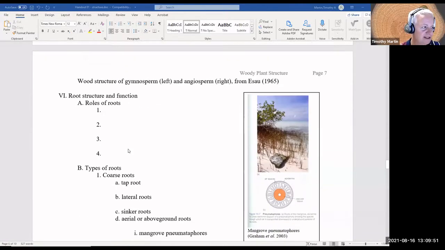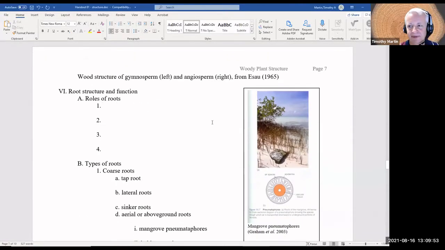structure and function. So roots, again, root functions are really not going to surprise you much. They provide anchorage for the tree, and anchorage is primarily provided by secondary or coarse roots.